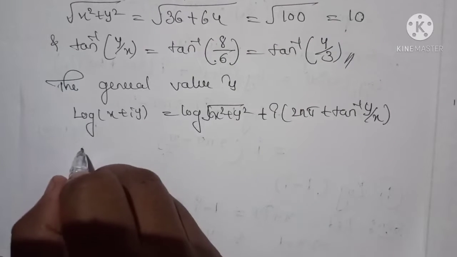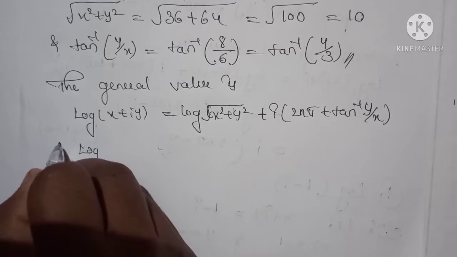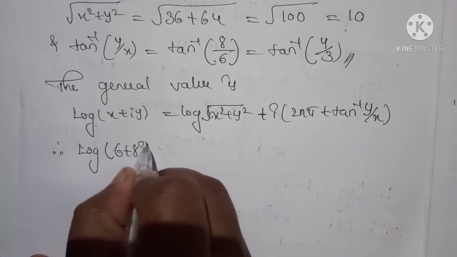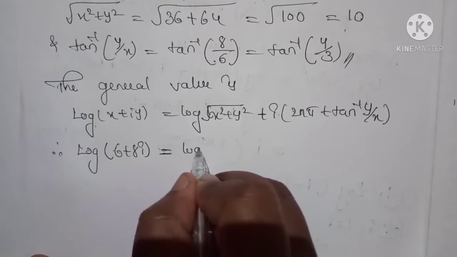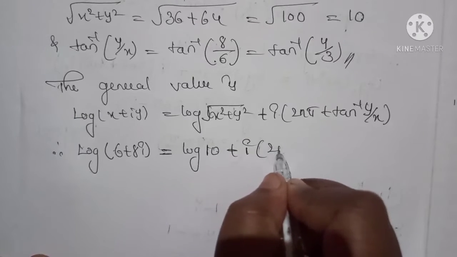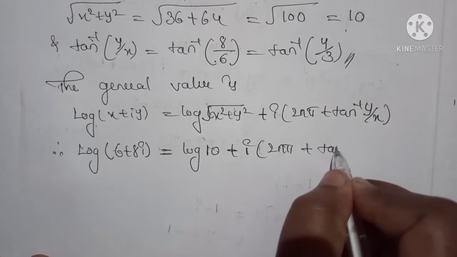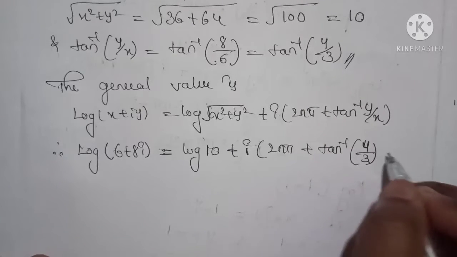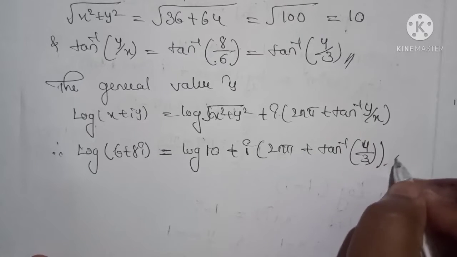Therefore log of 6 plus 8i is equal to log of 10 plus i into 2n pi plus tan inverse of 4 by 3. This is the required answer.